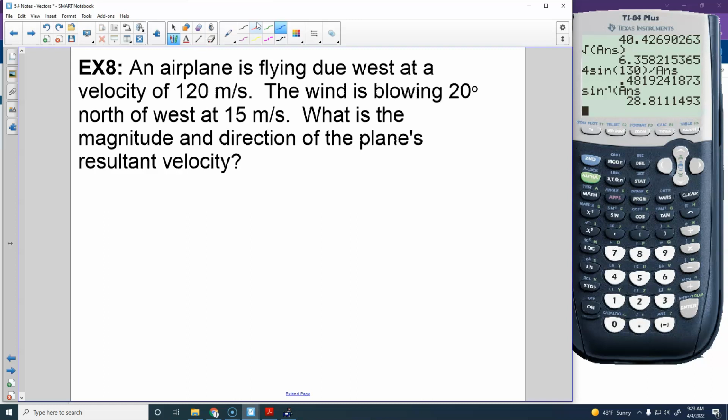All right, so certainly if you're flying an airplane, this is an issue. These are meters per second, so they're faster than miles per hour. But certainly, winds make a lot of difference in air travel, right? If you have the wind behind you, you can go a lot faster.